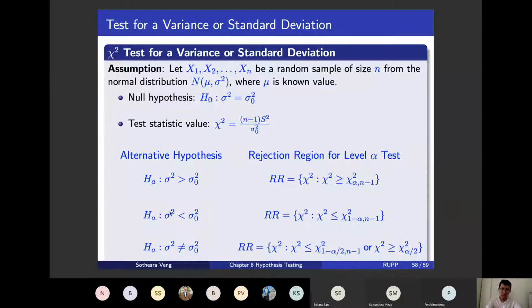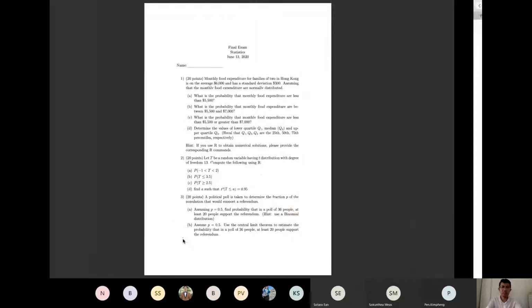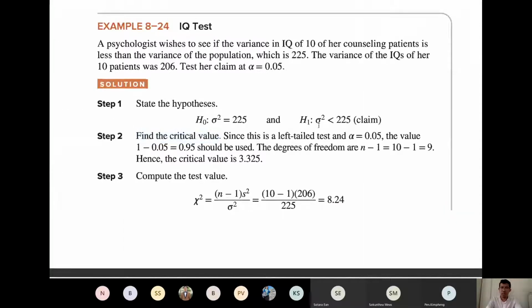When it is less than a certain value, it is the left tail test or the lower tail test. And if it is different from a certain value, it's the two-tailed test. We classify this exactly the same as the case of the population mean test, right? But since the alternative in this case is less than a certain value, it is the left tail test.